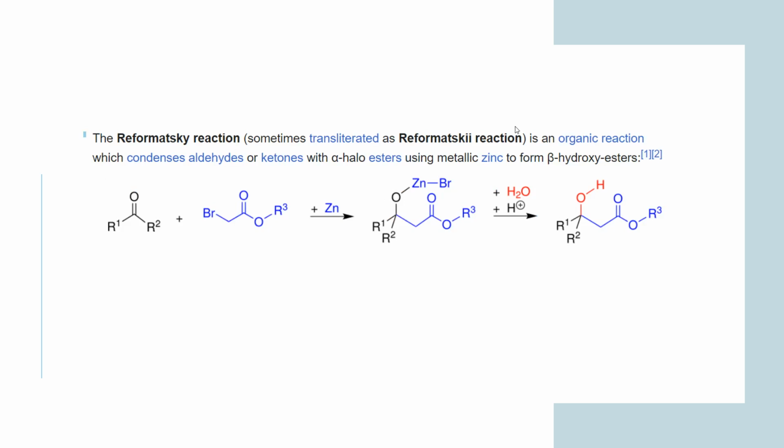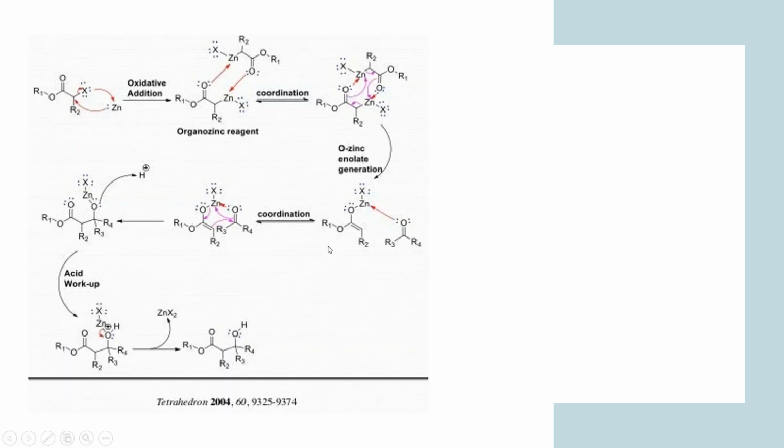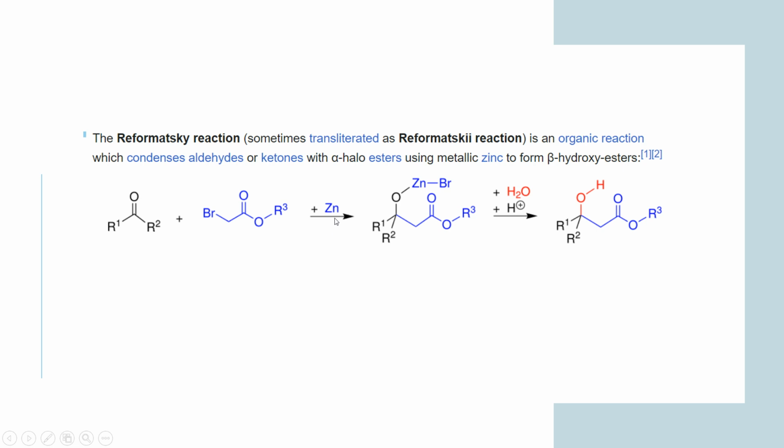If we talk about the simple mechanism, first, the metallic zinc reacts with the bromoester to give you this organo-zinc compound, which undergoes nucleophilic addition to the aldehyde or ketone given, and in that step you get this intermediate.